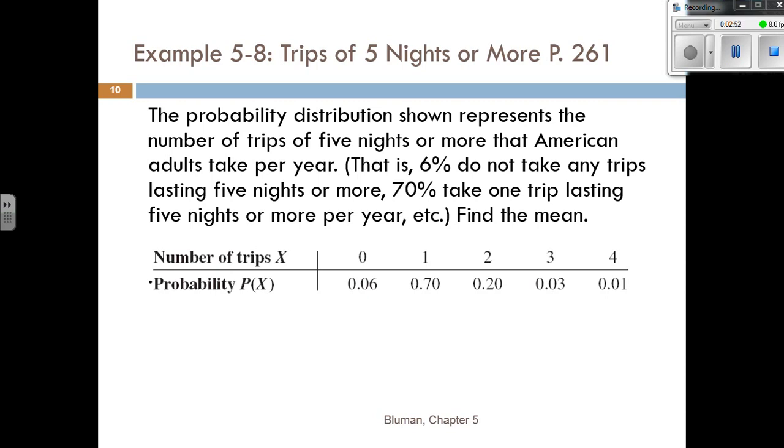So basically, how many times per year does an American take a vacation of 5 nights or more? 6% of Americans never take a trip that's 5 nights or more. 70% only do 1 a year. 20% do 2 a year. 3% do 3 a year, and 1% do 4 a year. On average, how many times per year does an American take a trip that's 5 nights or more?